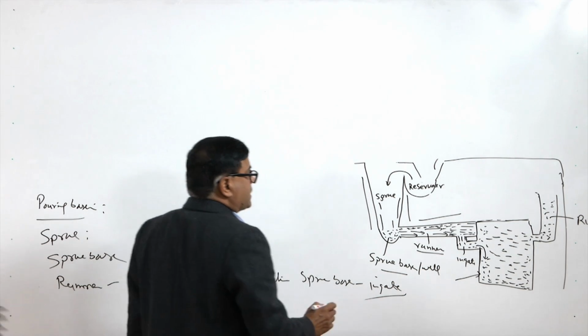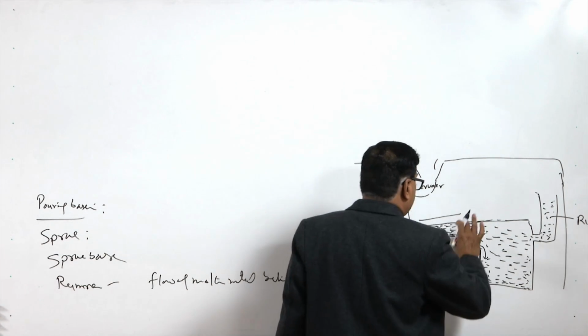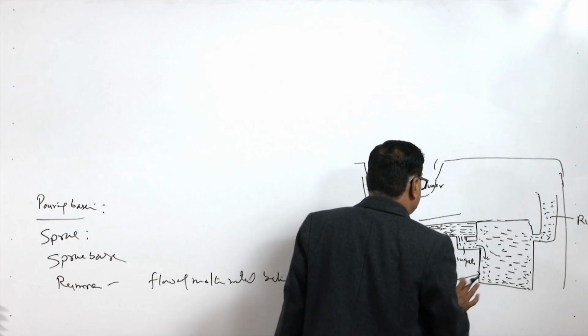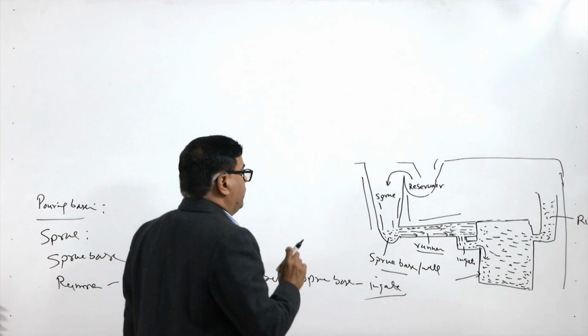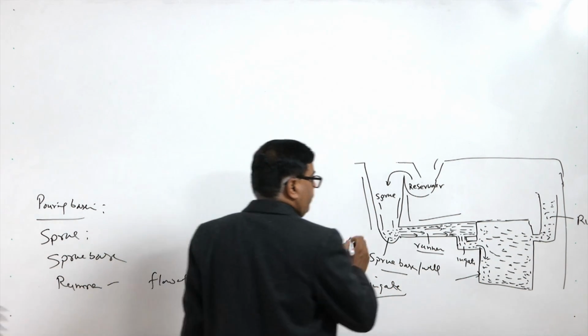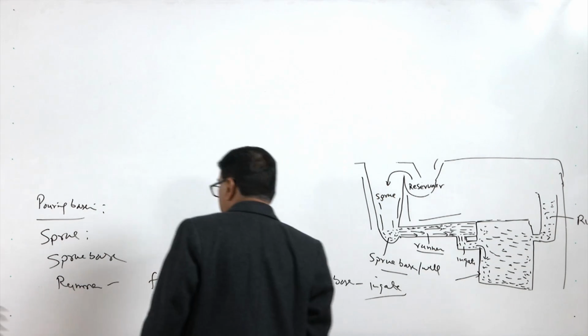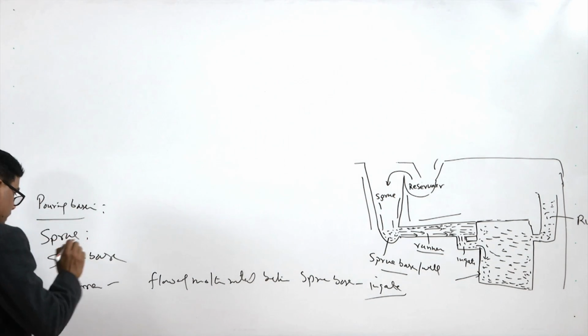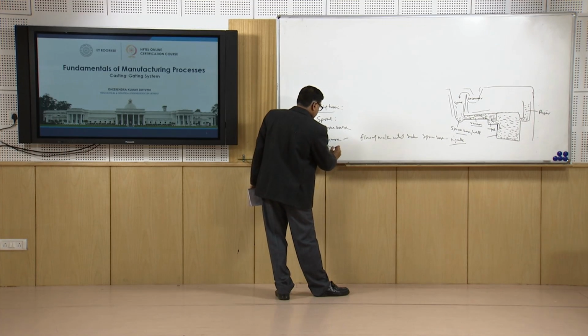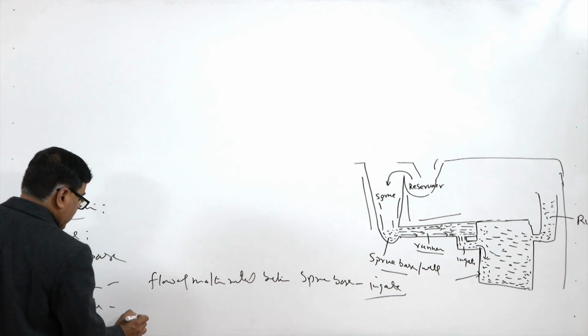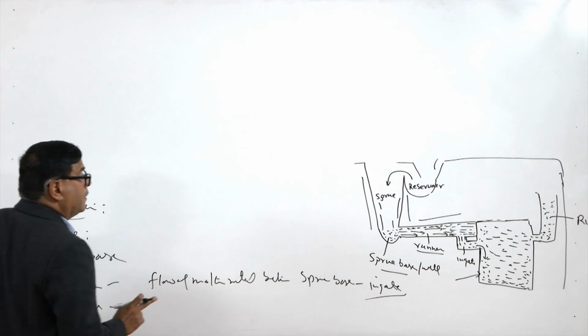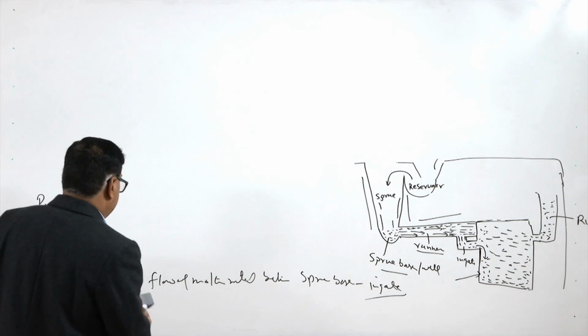This sprue and runner are normally made in the cope portion of the mold and the drag, while the ingate is prepared in the drag portion of the mold.